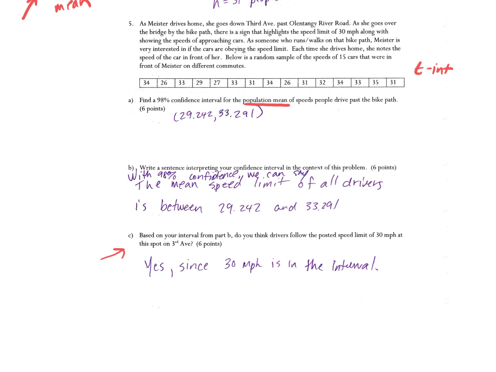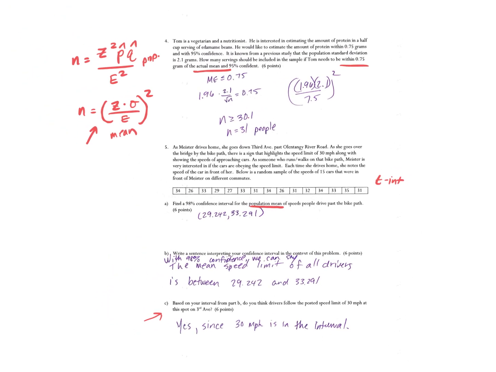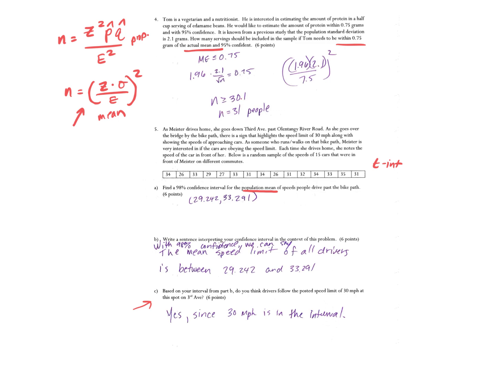Okay, so to make the decision on this question, you're looking at, is that key number inside the interval or not? This is all the possible means, population means. Okay, so you're just trying to decide if, on average, this is one of the possible means, yes or no. Okay, everybody good? Questions on this page? All right.